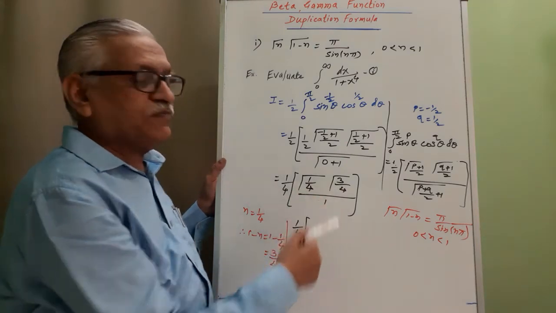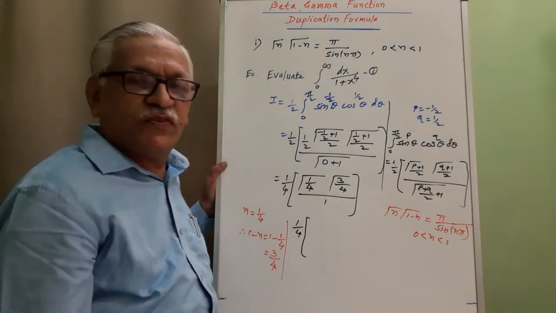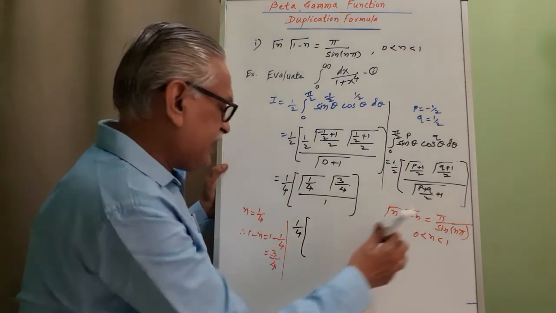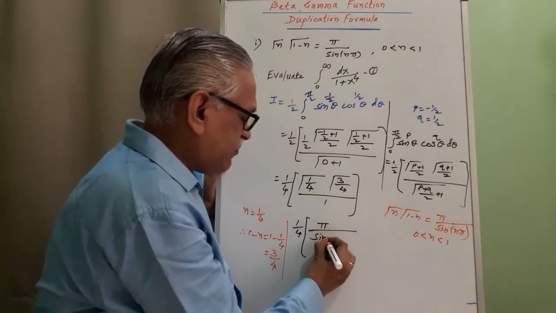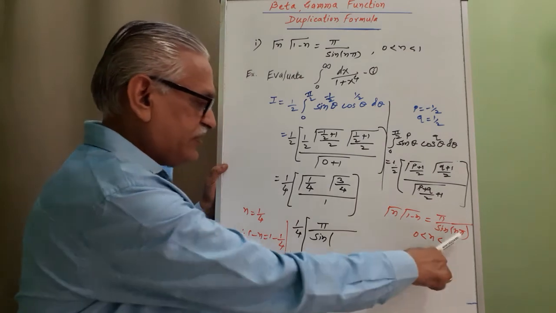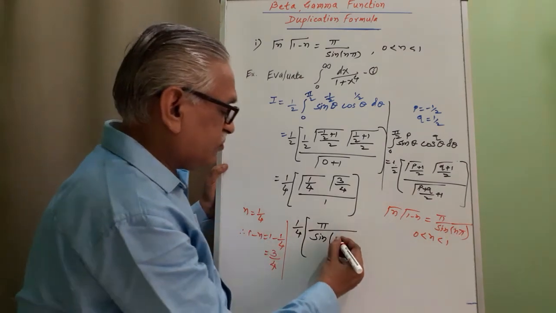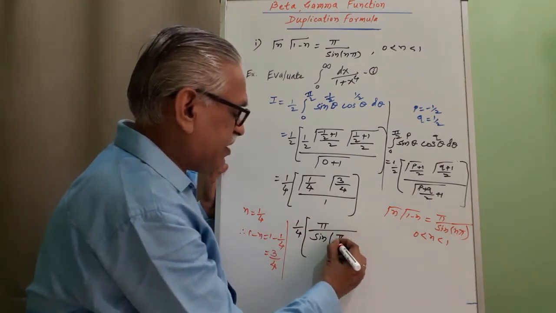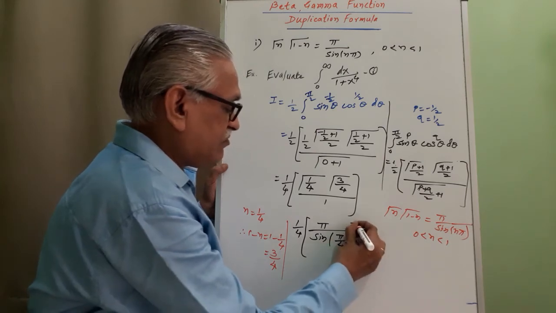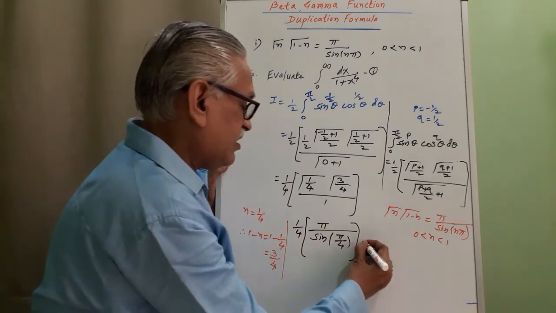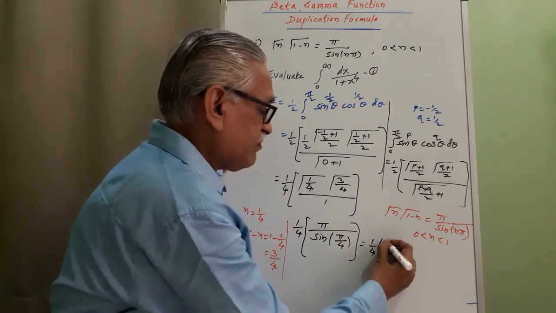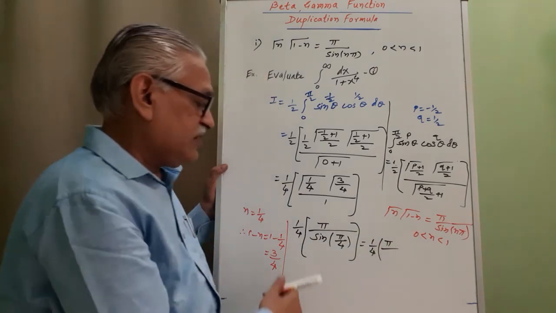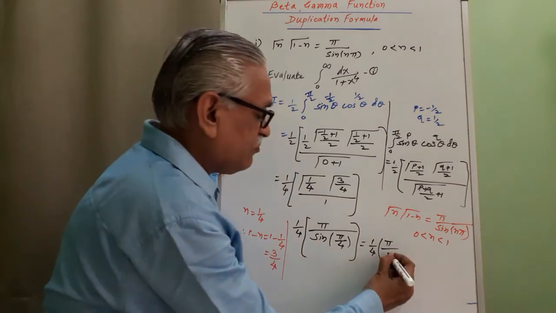The value of this product of two gammas by the duplication formula is pi divided by sin of n pi. The value of n is 1 by 4, therefore it becomes pi divided by sin of pi by 4. The value of sin pi by 4 is 1 by root 2.